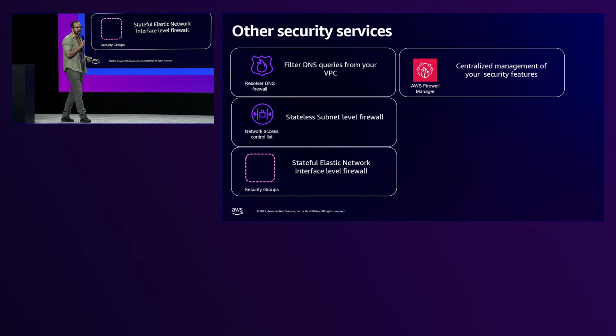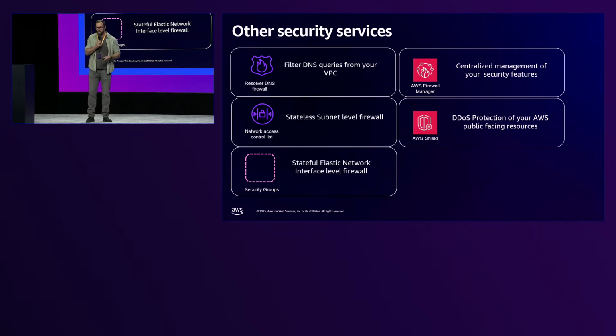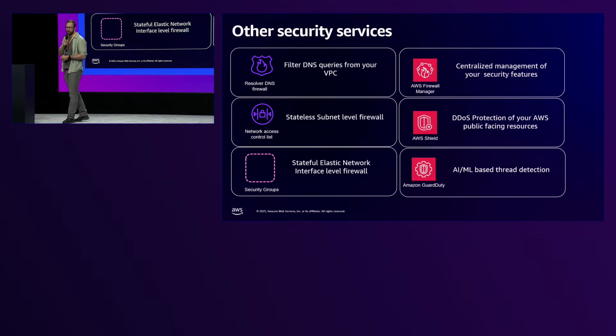We have Firewall Manager for managing all of these different constructs, including the firewalls that we talked about, from a central account. Shield for DDoS protection, and maybe GuardDuty for threat detection inside a VPC. So there's a lot of things that you could be deploying inside of the VPC to secure it. But today we're purely focusing on the next generation firewalls, or web application firewalls.